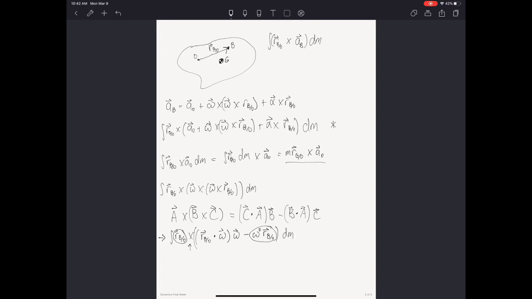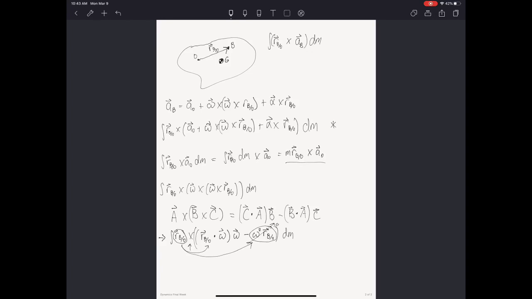So when I distribute this cross product through, into the two terms, this term will not matter. No matter what, that term goes away. And that's convenient. RB with respect to O cross with RB with respect to O is 0. No matter where you are in the object, those two terms are parallel. The cross product is 0. So we have this other term remaining.